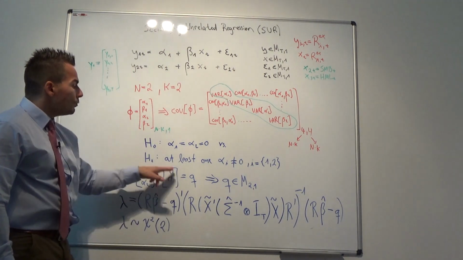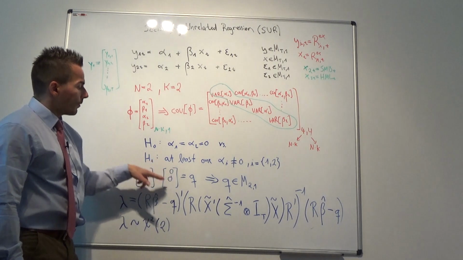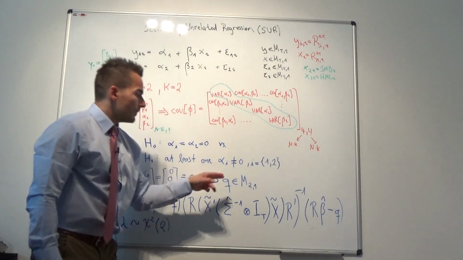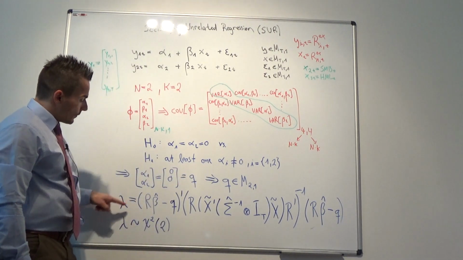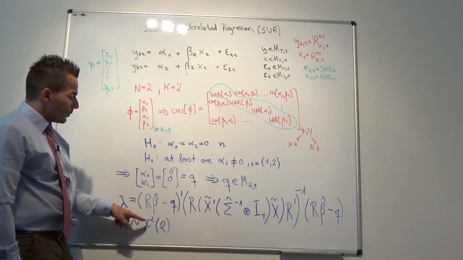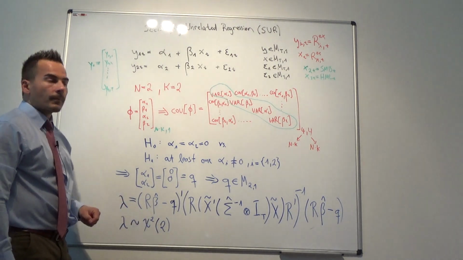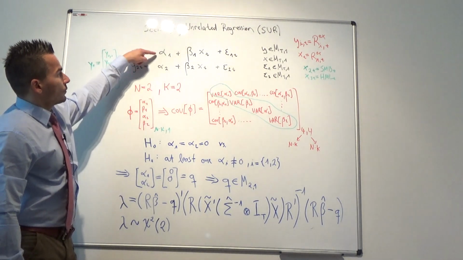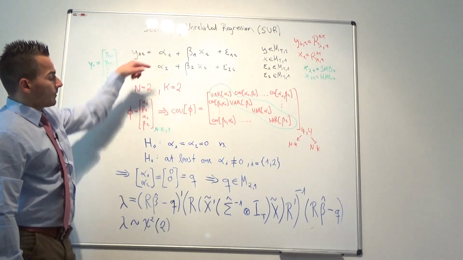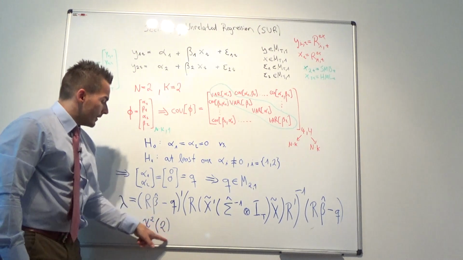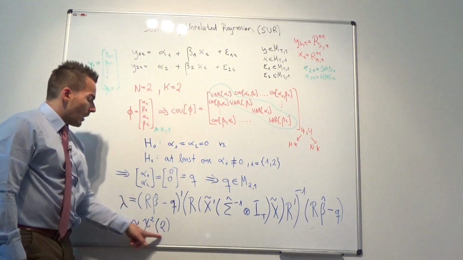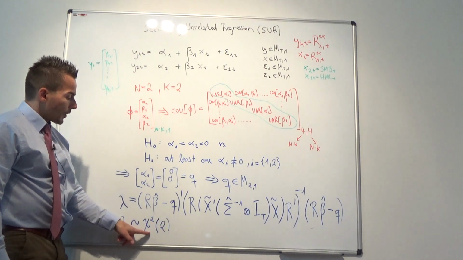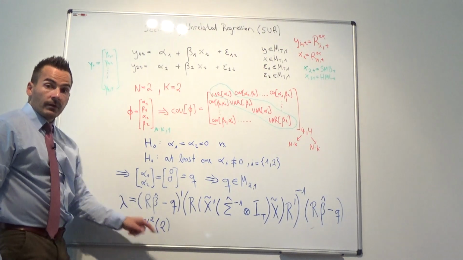Since we have two parameters that we want to test under the null hypothesis, the test is distributed as chi-square with 2 degrees of freedom. If we had 25 test assets and wanted to test 25 intercept terms, then under the null hypothesis it would be distributed as a chi-square with 25 degrees of freedom.